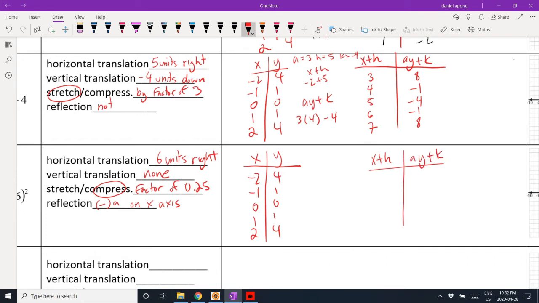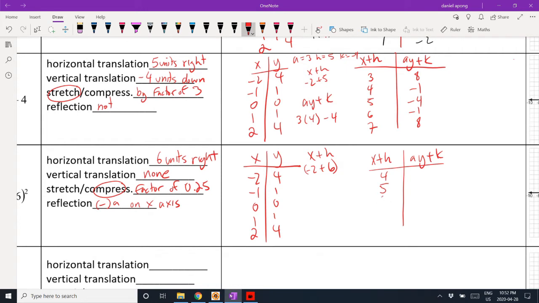So our first x value is negative 2, and to that we're going to add 6. And then negative 2 plus 6 we know is going to be 4. And then we're going to do negative 1 plus 6, which is going to be 5. And then we're just going to go down this list, just adding 6.